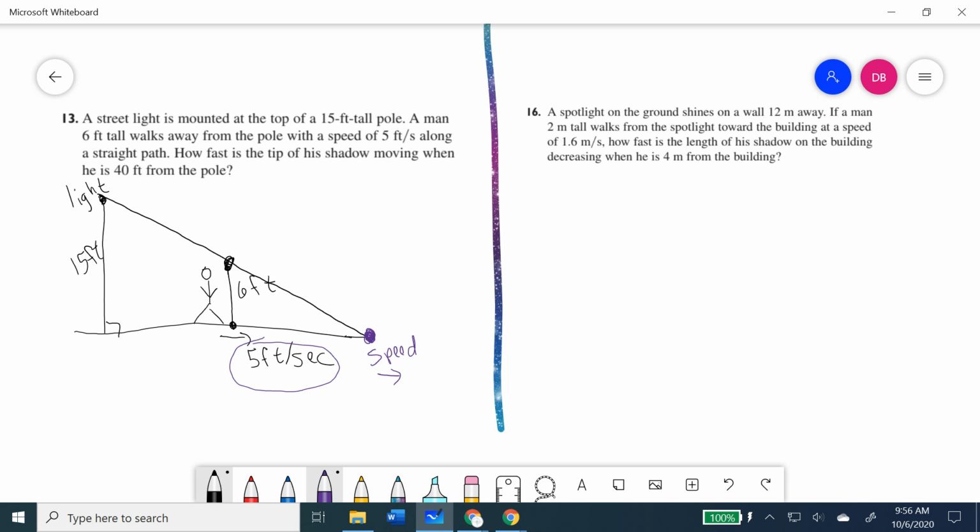But realize that as you're walking, the angle from that light is changing. So what you want to realize is the tip of the shadow is not moving at the same speed as this person.